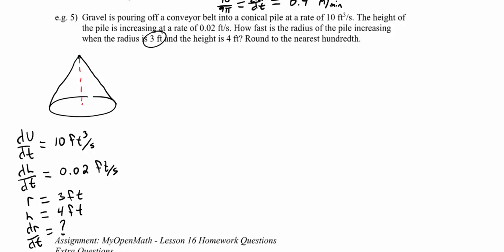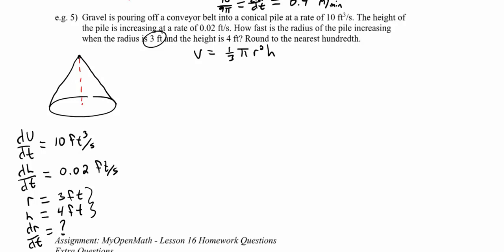All right, so let's write our equation. V is equal to 1/3 pi r squared times h. Now, can I throw in 3 for r and 4 for h? No, both of these numbers are at a specific time, a changing value, and I want to know after I take the derivative.